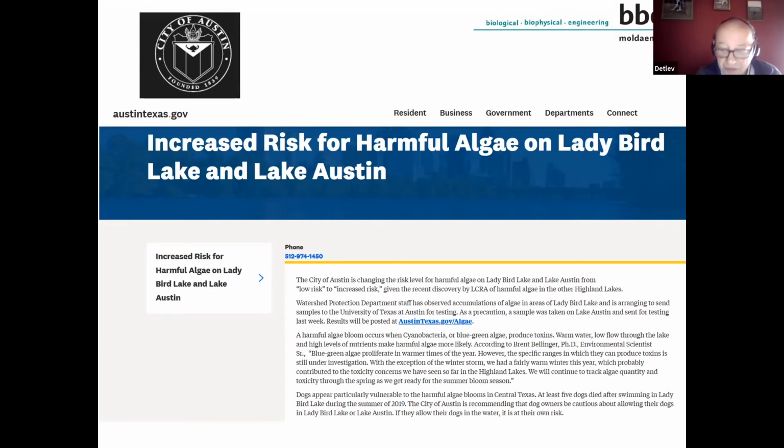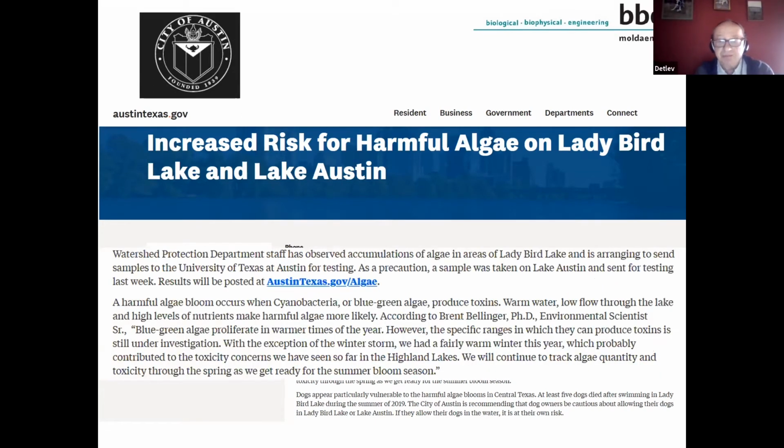I do not want to tell you all about this article, but they found that there were algae, and so they tried to investigate, and this is the usual way of what will happen. They write here, as a precaution, a sample was taken on Lake Austin and sent for testing last week. Results will be posted at Austin, Texas, and so on.